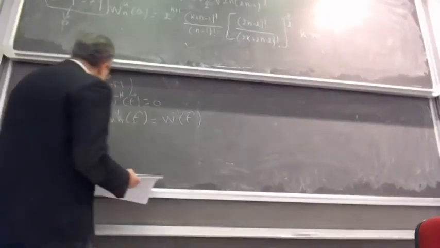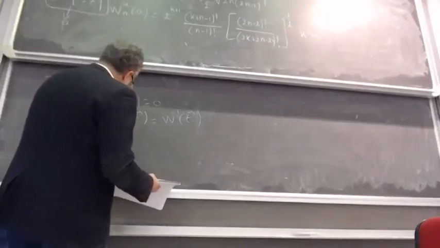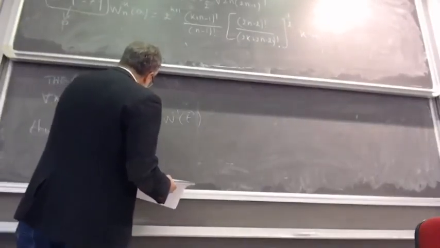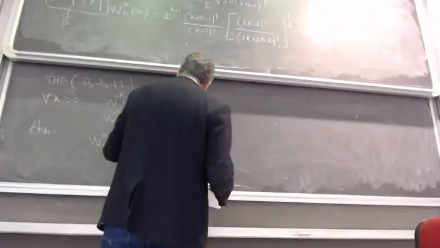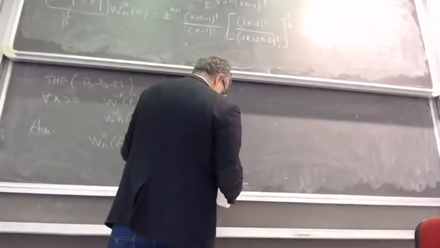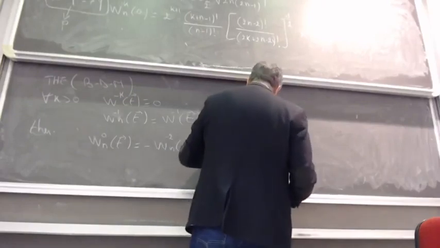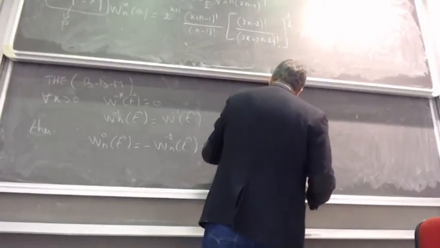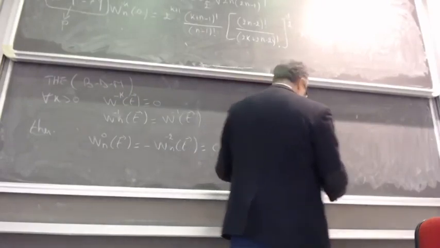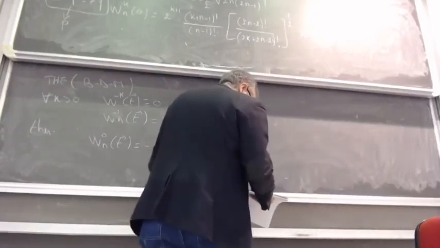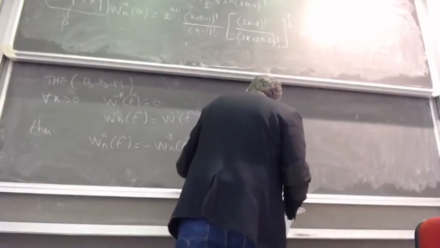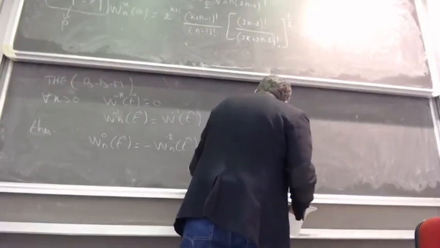So then, what we can prove is that W^0_n(t) is equal to minus W^{-2}_n(t), and this is equal to some constant C_n W^{-1}(t), where the constant C_n is the square root of 2n minus 1.